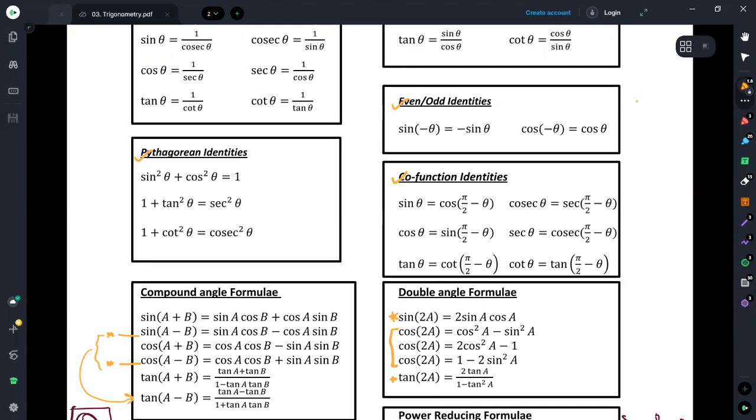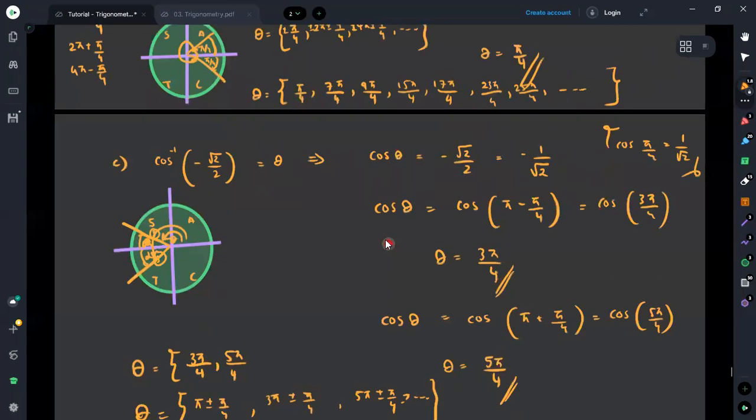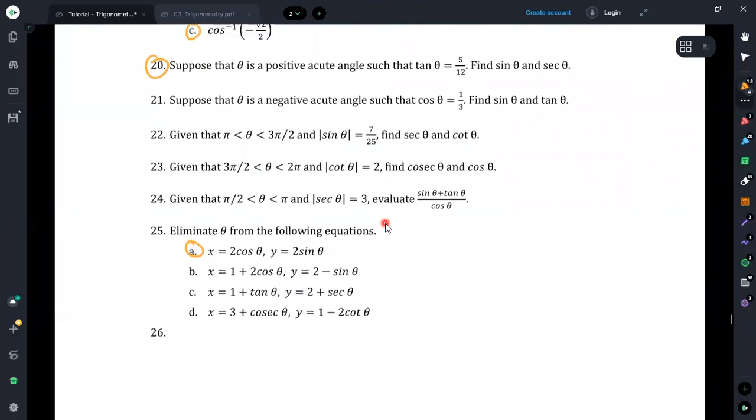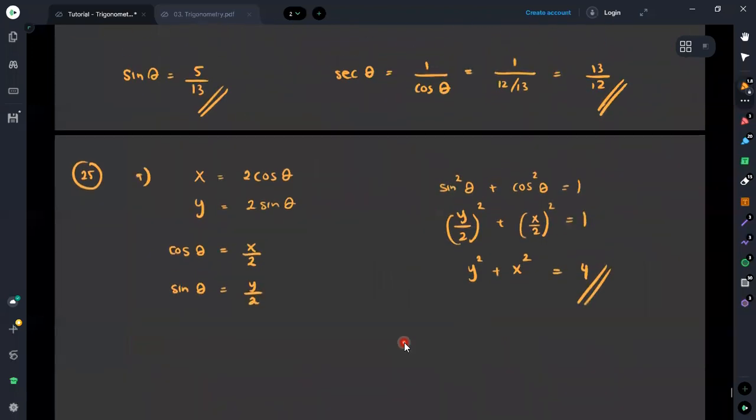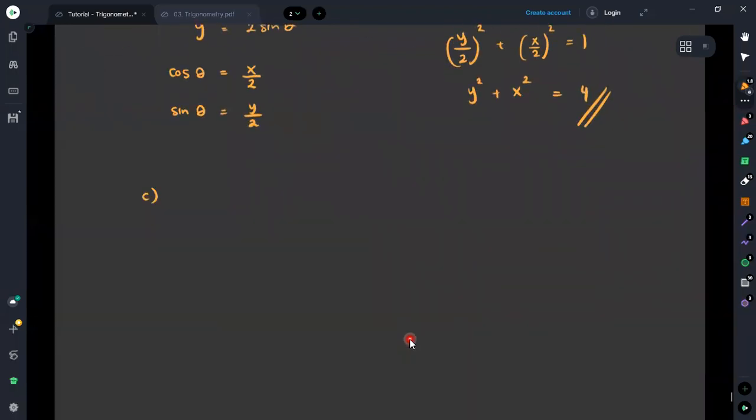And if I take the third one, it is part C of question number 25. It is given that x equals 1 plus tan theta and y equals 2 plus sec theta.